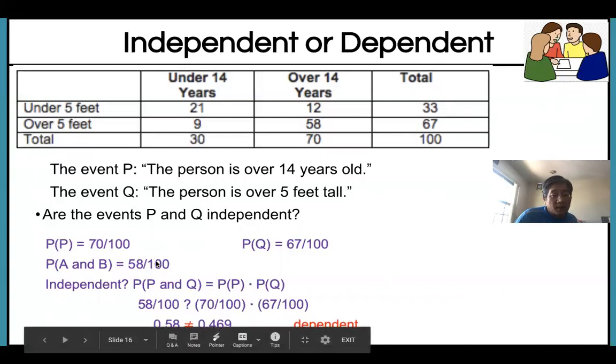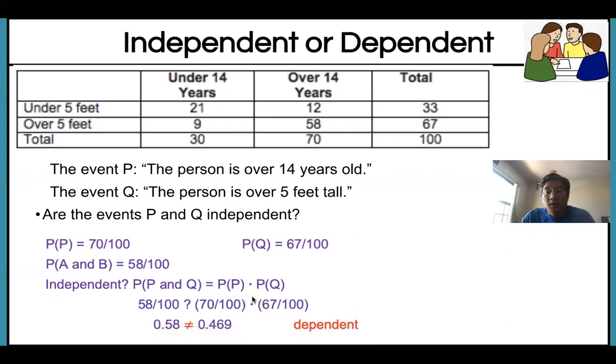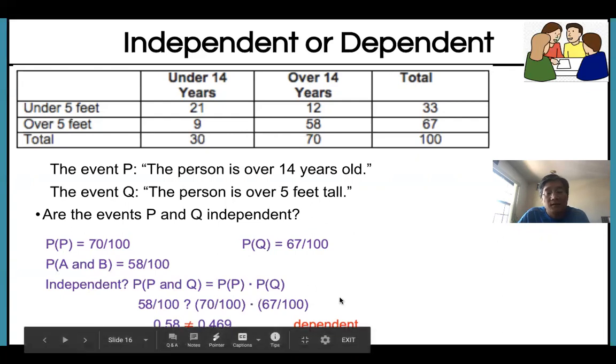So 58 out of 100, you compare with the product of these two, right? If you put it into the calculator, this is 0.58 and this is 0.469. They are different. They are not equal. So how do you say? Yes, this is dependent, not independent.